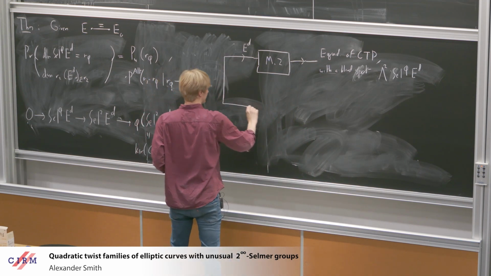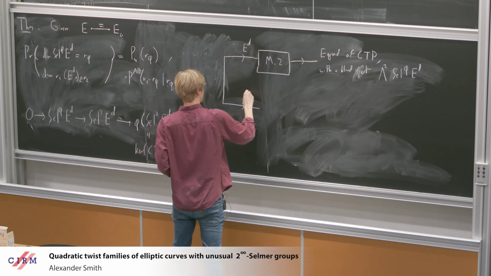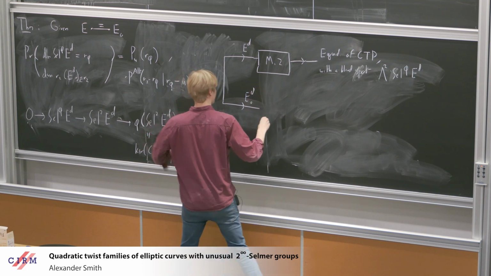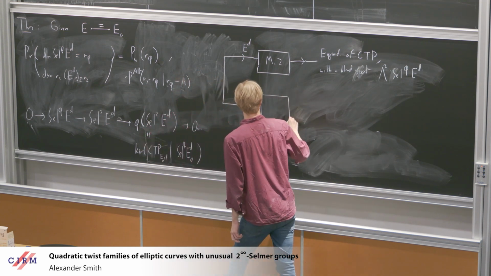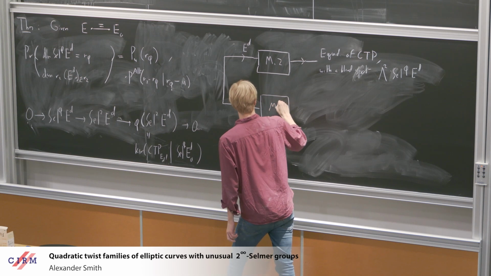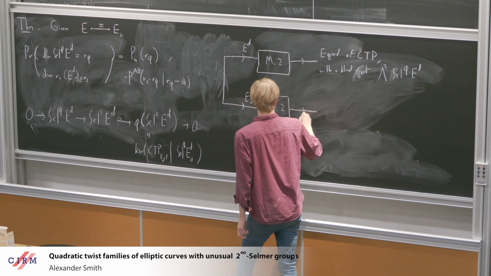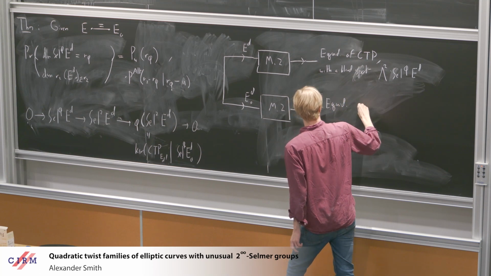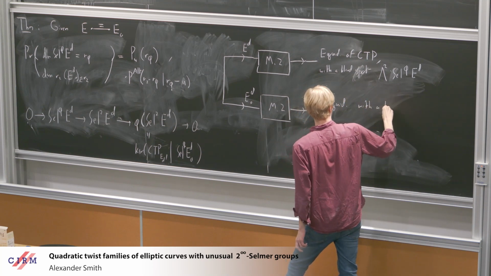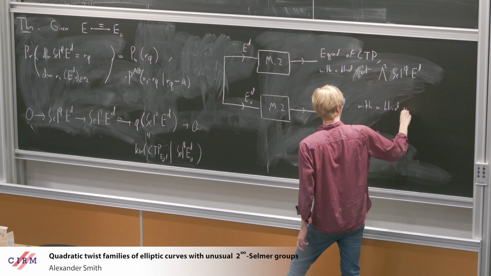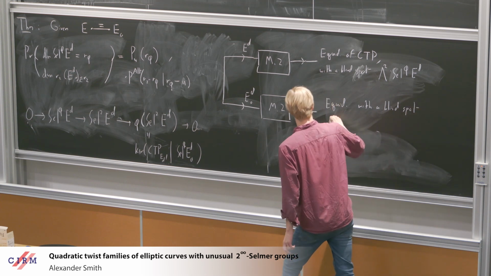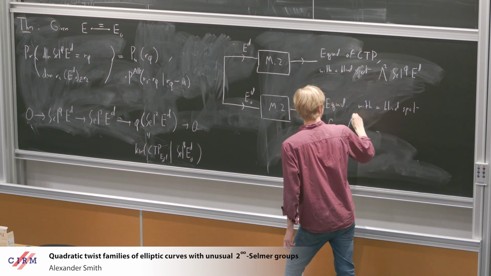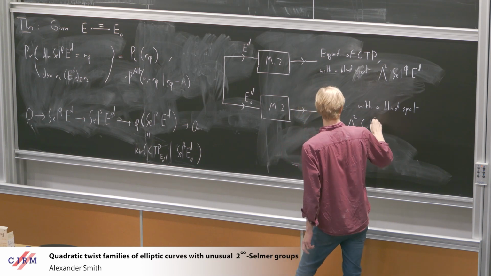But now the trick is exactly the same. We just look at what's happening over at the isogenous curve. We put it into the machine, and we again get an equidistribution statement with a blind spot for the varphi naught Selmer part.